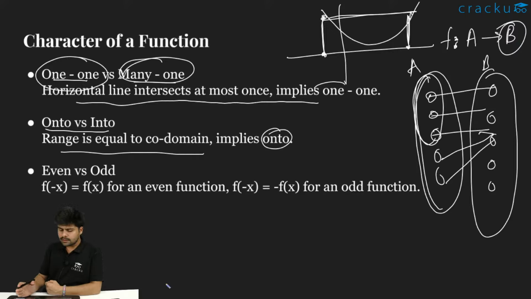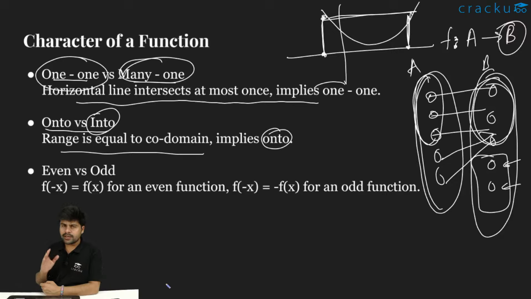Now this is an into function. Why? Because each input has an output in B, but there are some elements in B that are not outputs of any input. In this sense, this becomes the range, and this becomes the codomain minus the range.